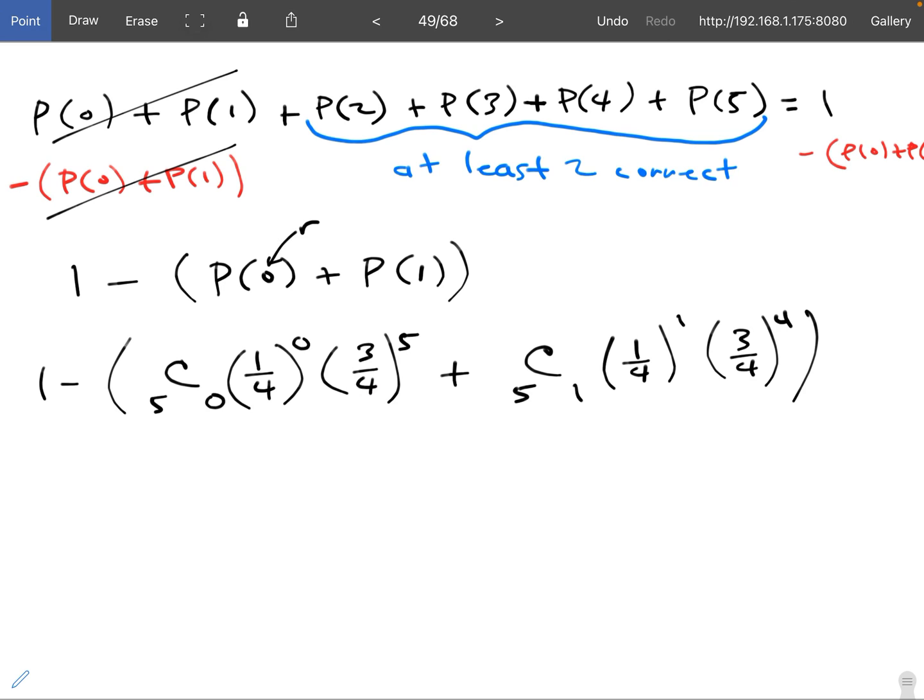I tried to shortcut it when I put it in and I messed it up. All right, better work this time. There we go.